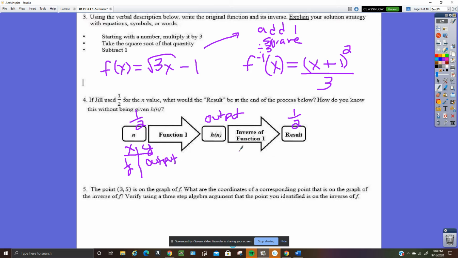And then for the inverse function, you would have the output. That's this right here. And the input of the original would become the output here. So inputs and outputs are swapped.